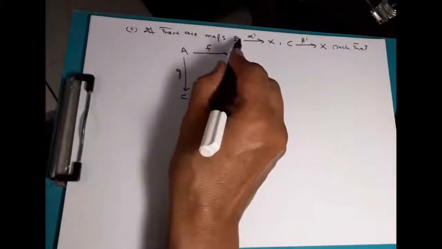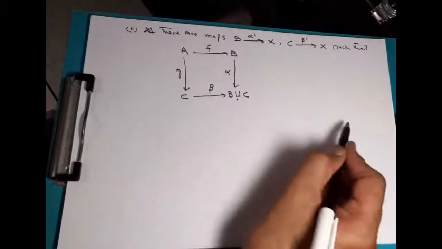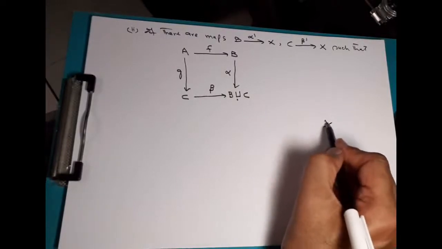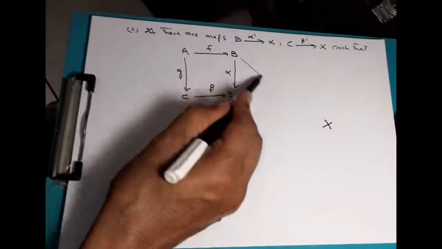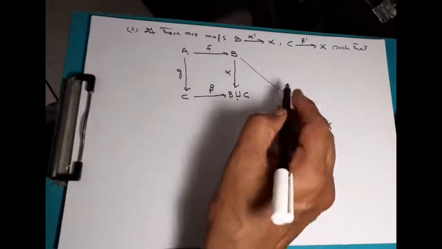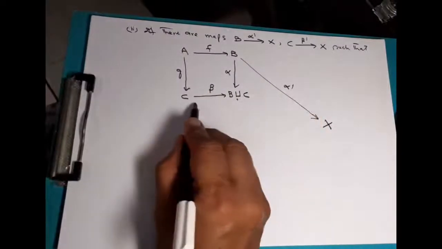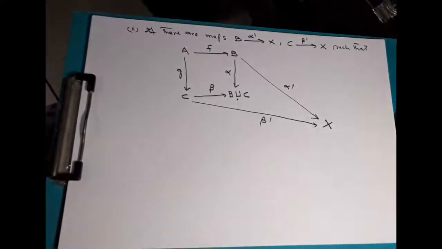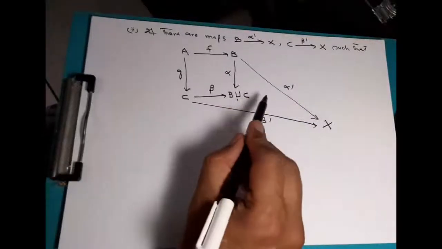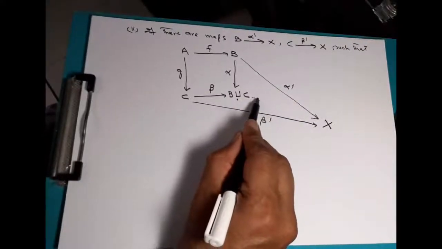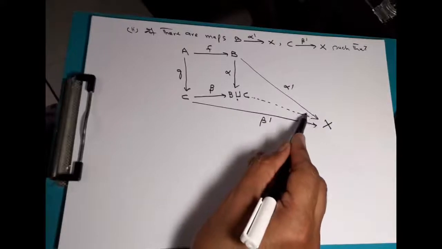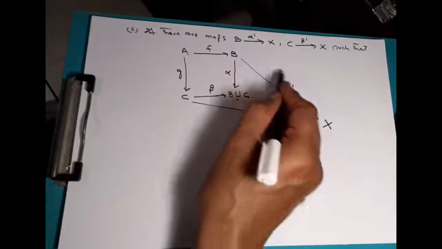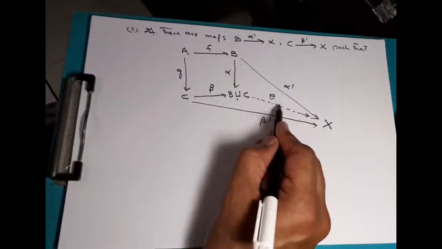Now if we have maps from B to X, let's write object X somewhere here. So if we have a map from B to X, this is alpha dash, and a map from C to X, this is beta dash, then we have to prove that there is a unique map from here to here, call it theta, such that this part commutes and this part commutes.